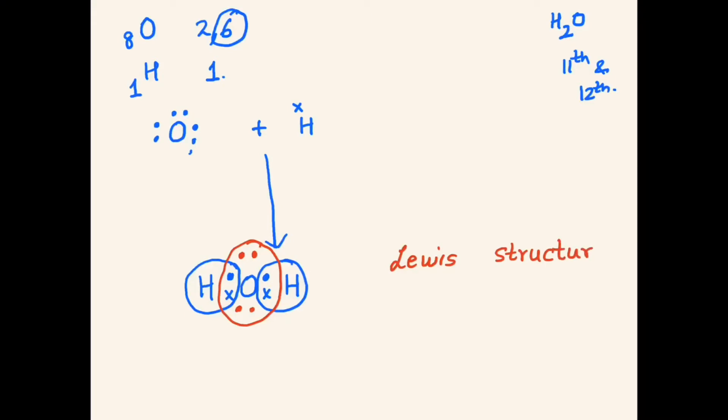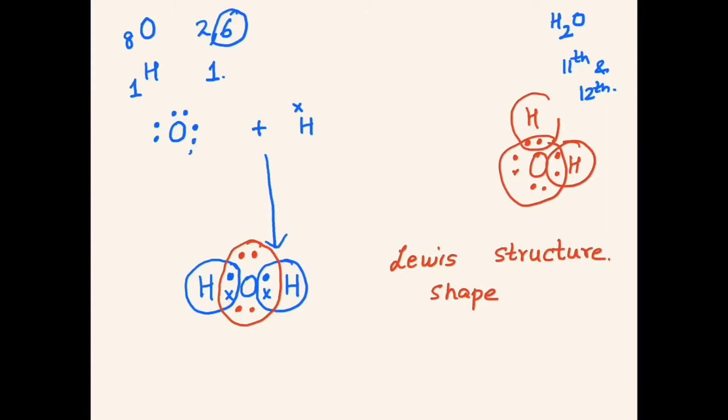Does this structure by any chance indicate to us the exact shape of the water molecule? It could be anything. This is just a matter of chance. I have seen students drawing the structure of water like this as well. You could have drawn it like this, right? There's nothing wrong in drawing the Lewis structure of water like this.